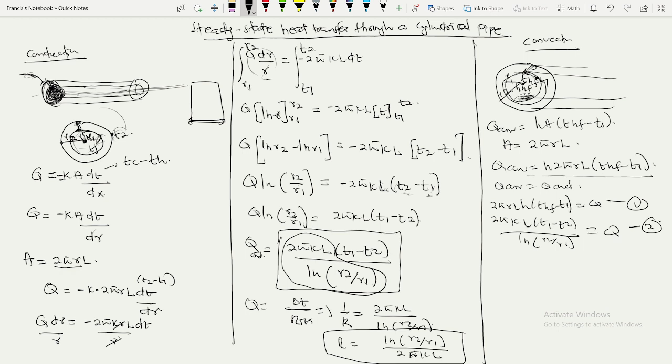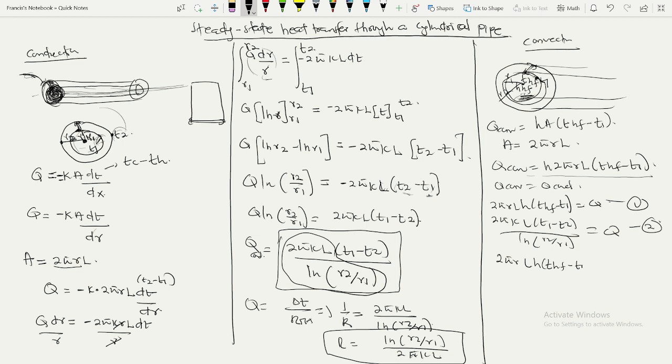So we can say that 2 pi r l h (T_HF minus T1).